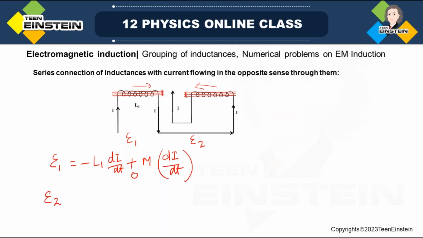In case of E2 also, this will be minus L2 di by dt, and here it will be plus M di dt. Now I have to simplify this and get the equivalent EMF.